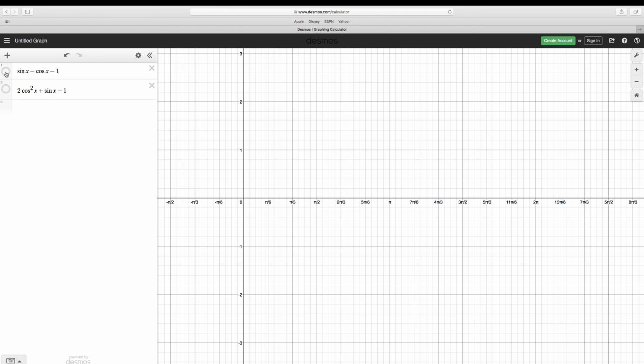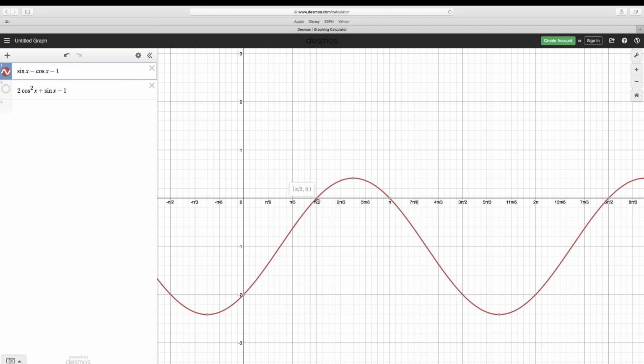So if I turn this graph on, you'll see, if you remember, we got 4 solutions: 0, pi, pi over 2, and 3 pi over 2. But when we tested them in the original equation, we noticed that 0 and 3 pi over 2 didn't work. And if you look right here, you see our solutions, pi over 2 and pi. So those were the solutions that we did come up with for that last equation.